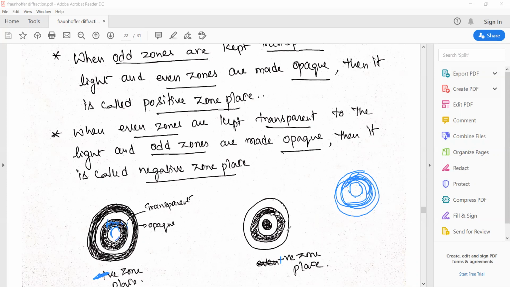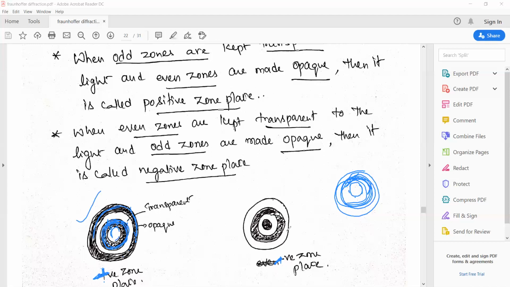Sorry, this is correct only: this is the positive zone plate, and that is the negative zone plate. So the first zone is transparent, the second zone is an opaque portion which is completely blocked, written in black ink. The third zone is transparent again. The fourth zone is completely blocked, an opaque portion. So all odd zones are transparent and all even zones are opaque. Such a plate is called a positive zone plate.